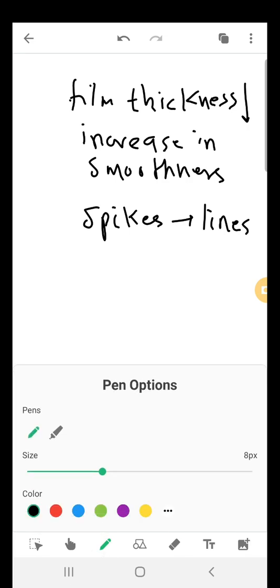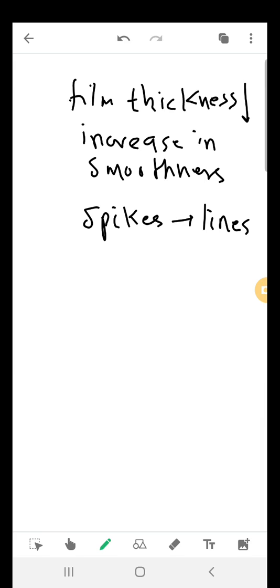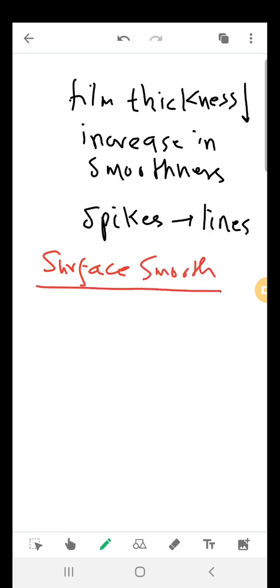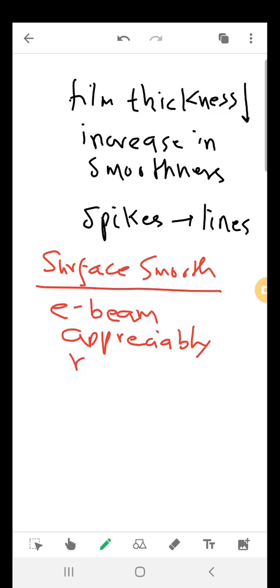So we can summarize that if the surface is smooth, the electron beam is appreciably reflected.